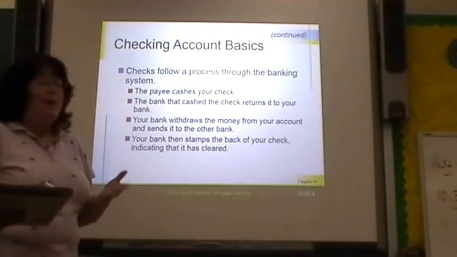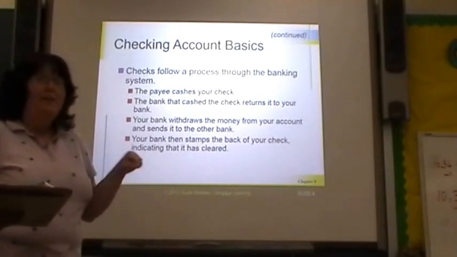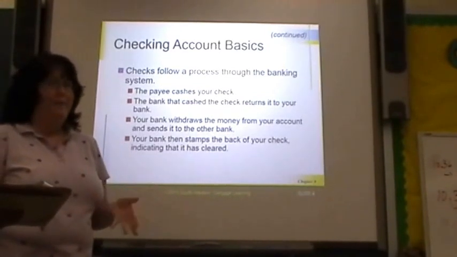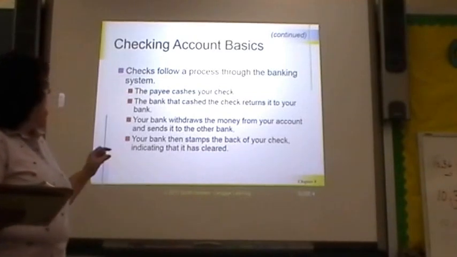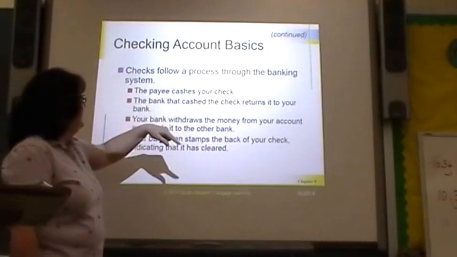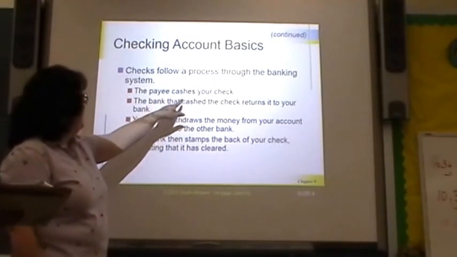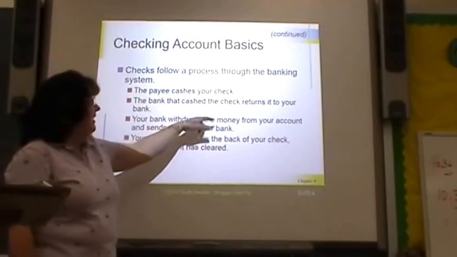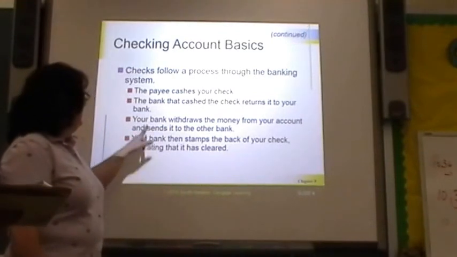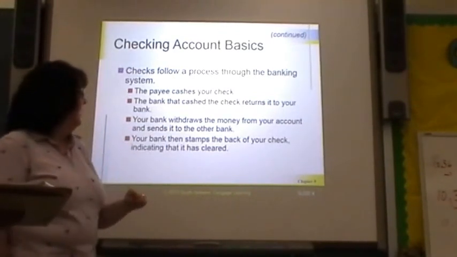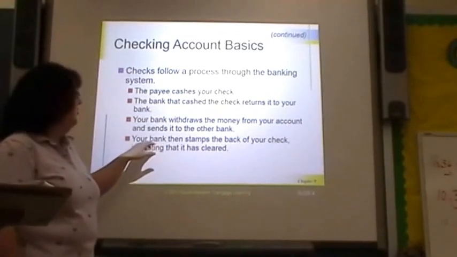Okay, so the check kind of follows a route, just like your bus to get you to school follows a route. It follows a process through the banking system. First, the person that you gave the check to cashes your check. The bank that cashed this check returns it to your bank. Your bank withdraws the money from your account and sends it to the other bank.